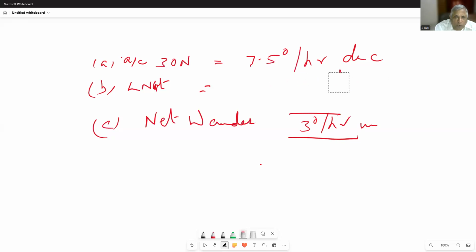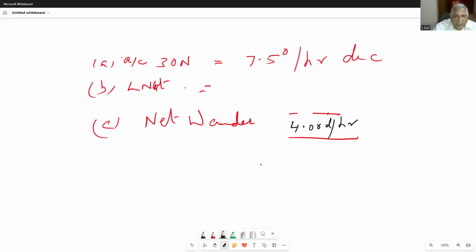Third is the type of question which says that after having set your latitude nut, there is a decrease of 4 degrees per hour. Gyro readings are decreasing by 4 degrees per hour. Now, what has happened?